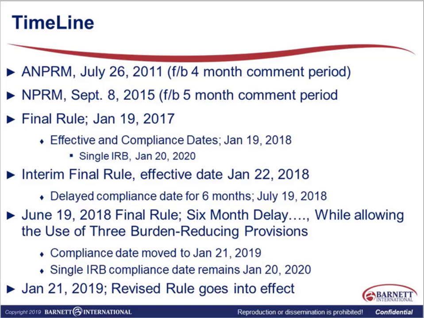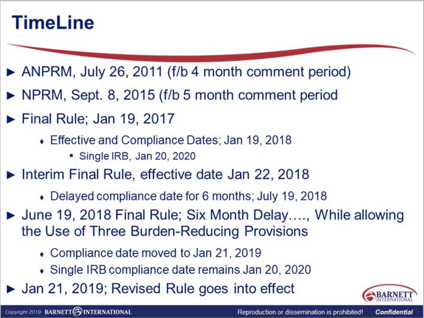The road to approval for the revised Common Rule was not a simple one. It started way back in 2011 with the advance notice of proposed rulemaking, which, as is the case with every one of these proposals, is followed by a comment period where all those impacted by the proposed rule can make their observations. The notice of proposed rulemaking was released in September 2015 with a five-month comment period that stretched out to a couple years.